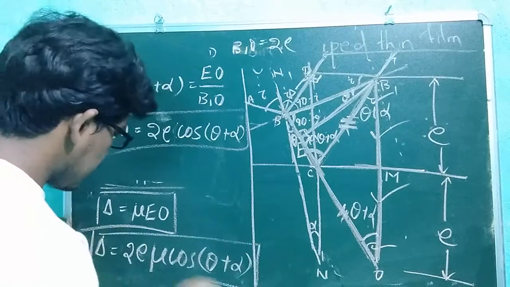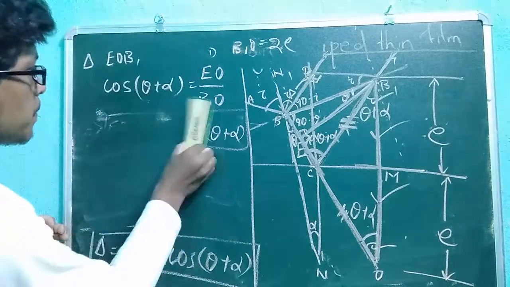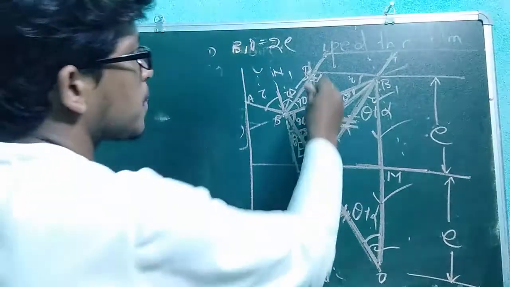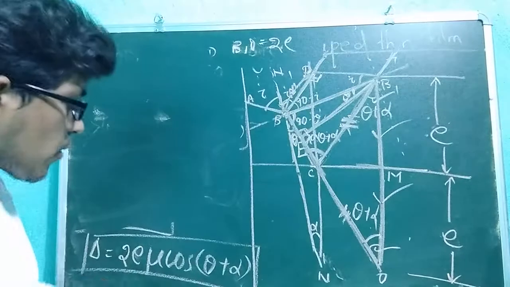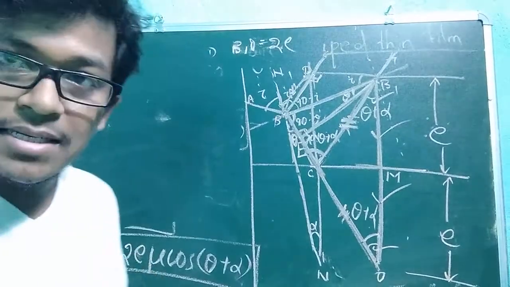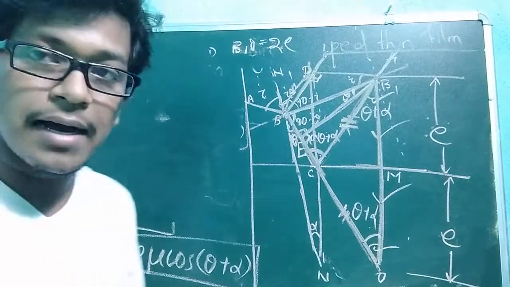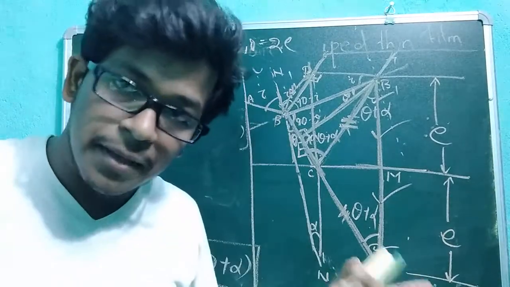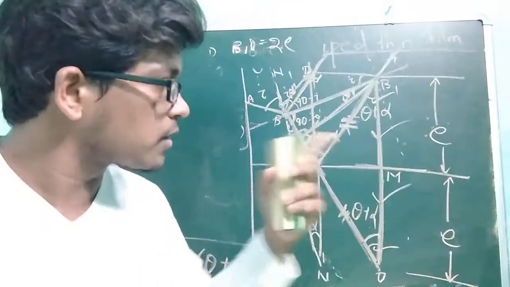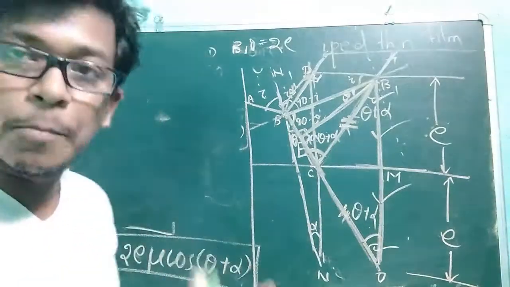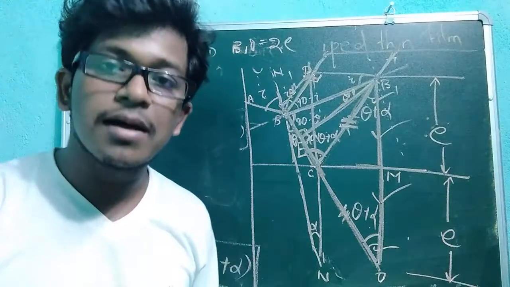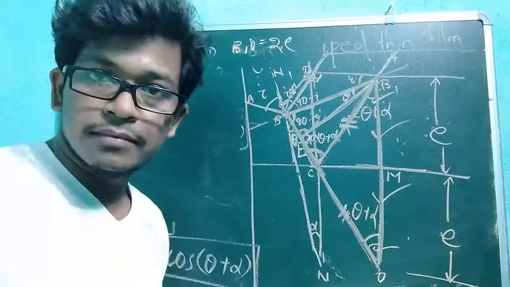See guys, I got an expression for the path difference, this delta amount. Now I will compare this delta with whatever I have got in the previous experiments, n lambda and 2n plus 1 lambda by 2. Then I will see at what point I am getting the maxima and at what point the minima.